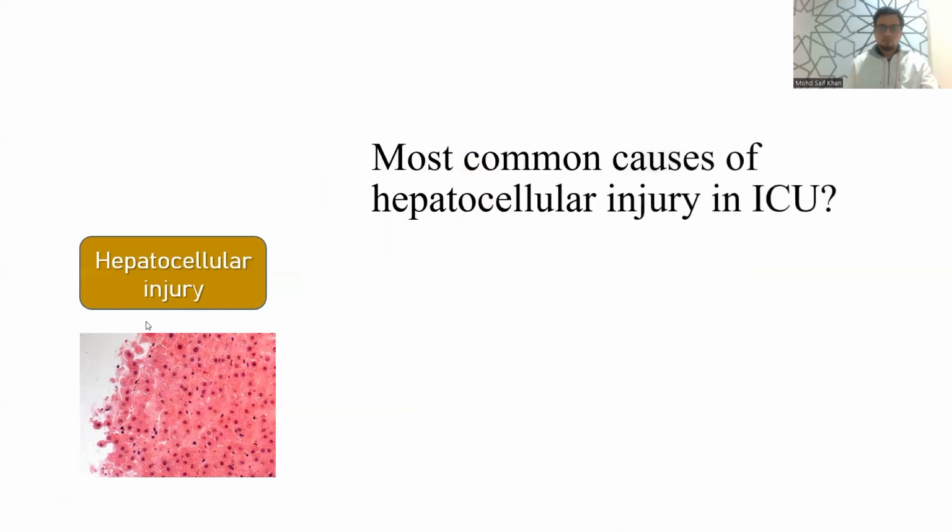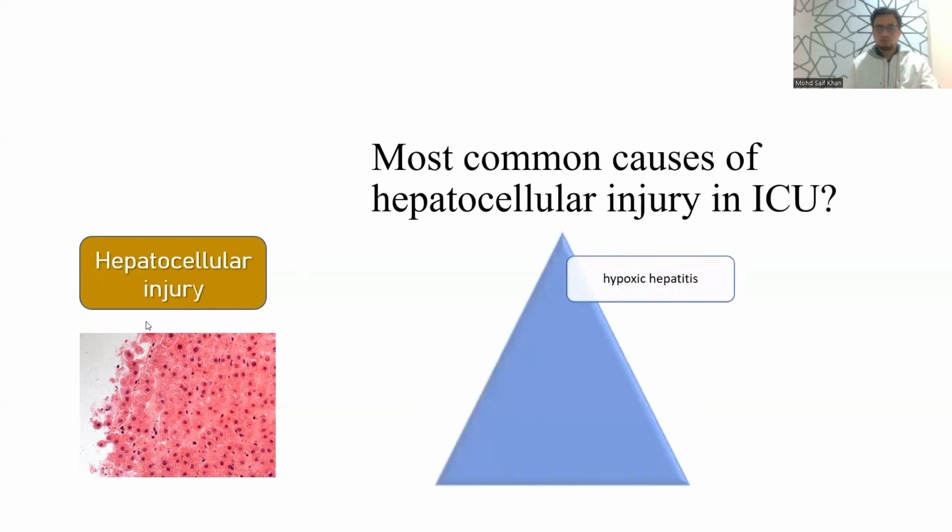Now, what are the most common causes of hepatocellular injury in ICU? In the ICU setting, the most common cause is hypoxia, called hypoxic hepatitis or ischemic hepatitis. Then another cause is congestive hepatopathy, due to issues in the heart and volume overload.